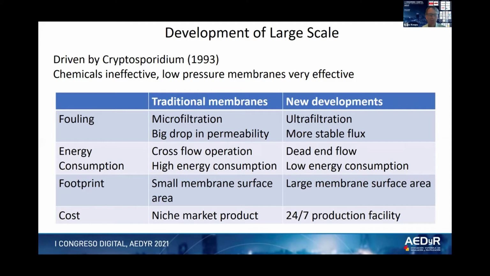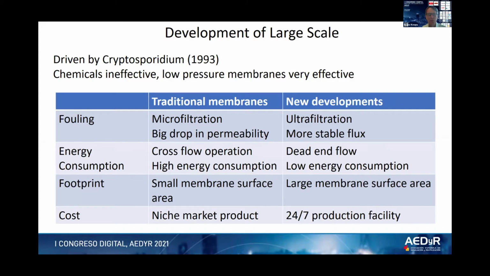So based on this market demand, a new membrane based on this microfiltration membrane was developed, with smaller pore size. Smaller pore size means the production is more stable. Pore plugging doesn't occur, so the flux is more stable. The way of operating the membrane was completely changed to dead end flow, lowering the energy consumption by a factor maybe 10.